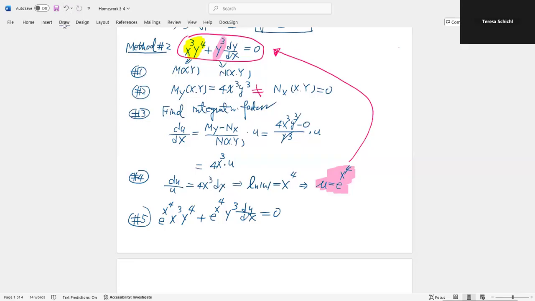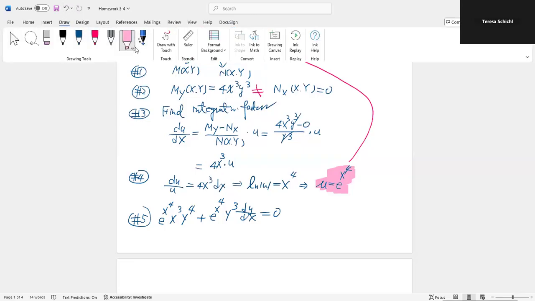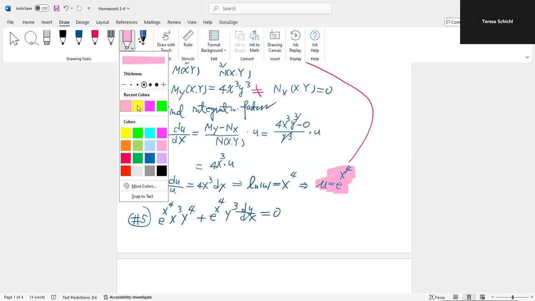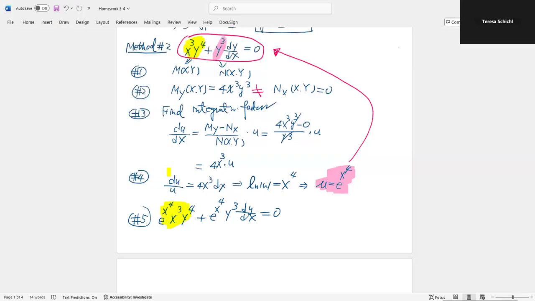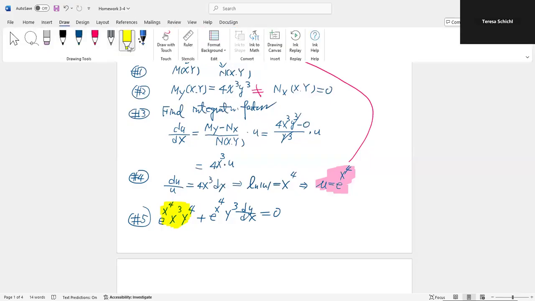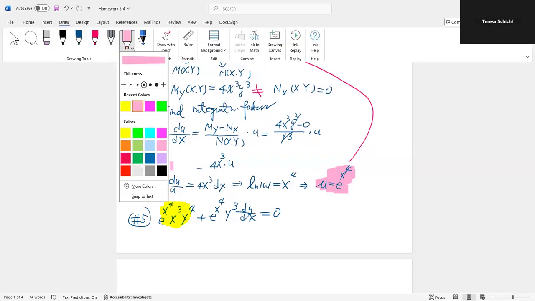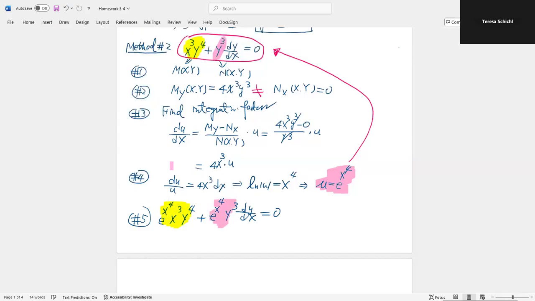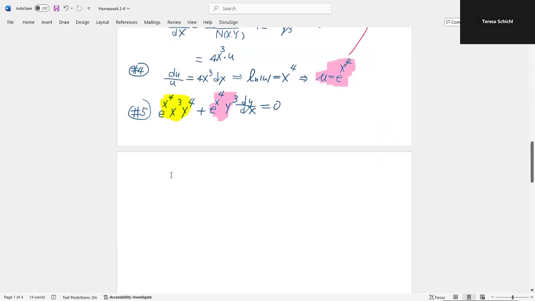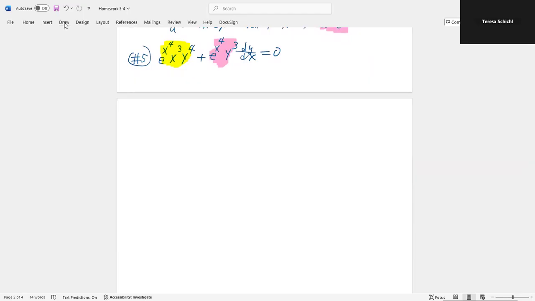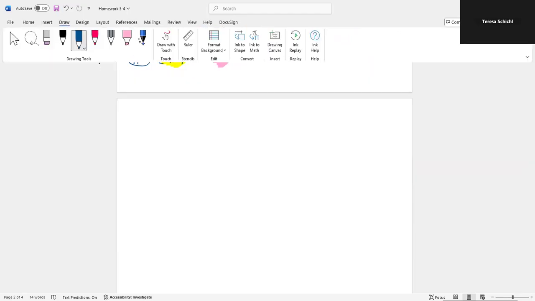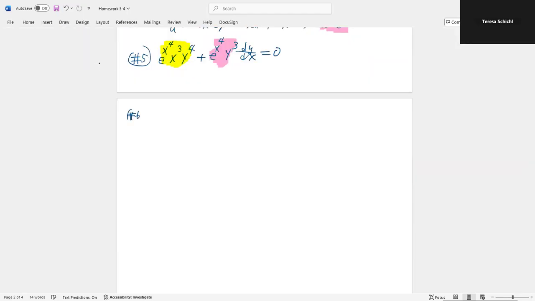So for this equation, this is my new Mxy here, and this one here will be my new Nxy. Be very careful.